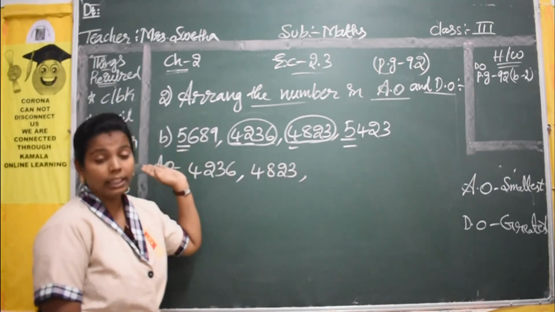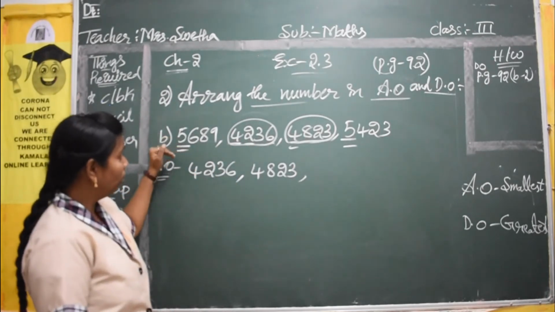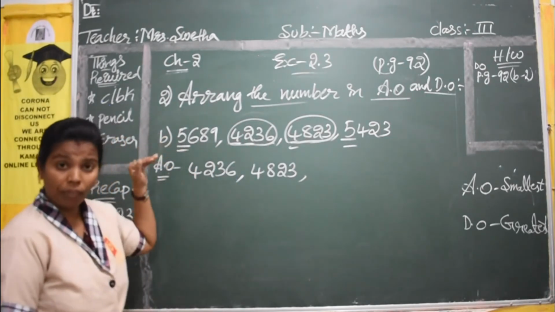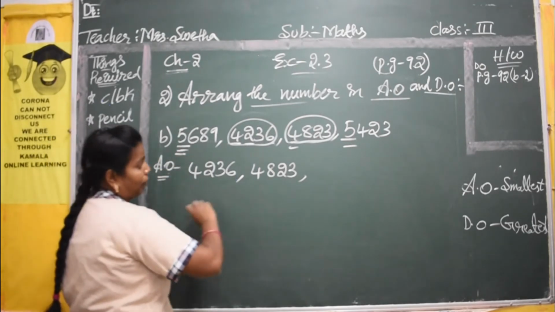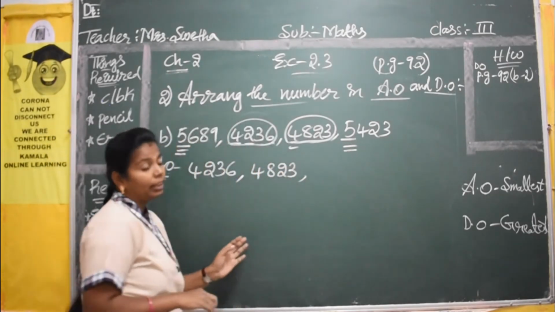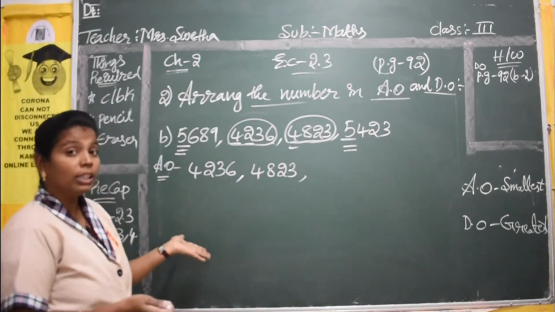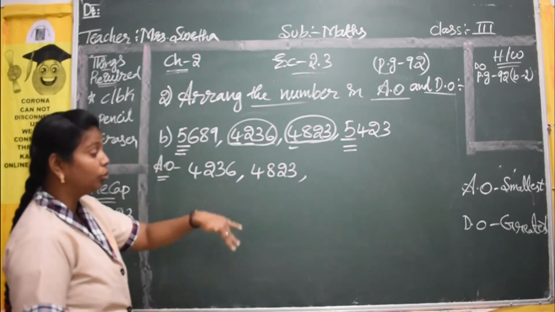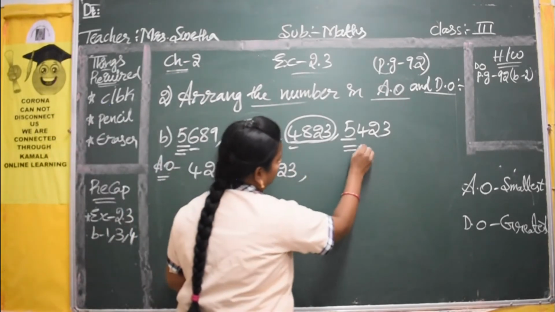Now we will check the other 2. We have to fill the other sets also, no, children? So we will check the other sets also. Yes, see here number 5, here also number 5. From this 5 and 5, we cannot find which is the smallest number, so we will go to the next number. It is 6 and 4.